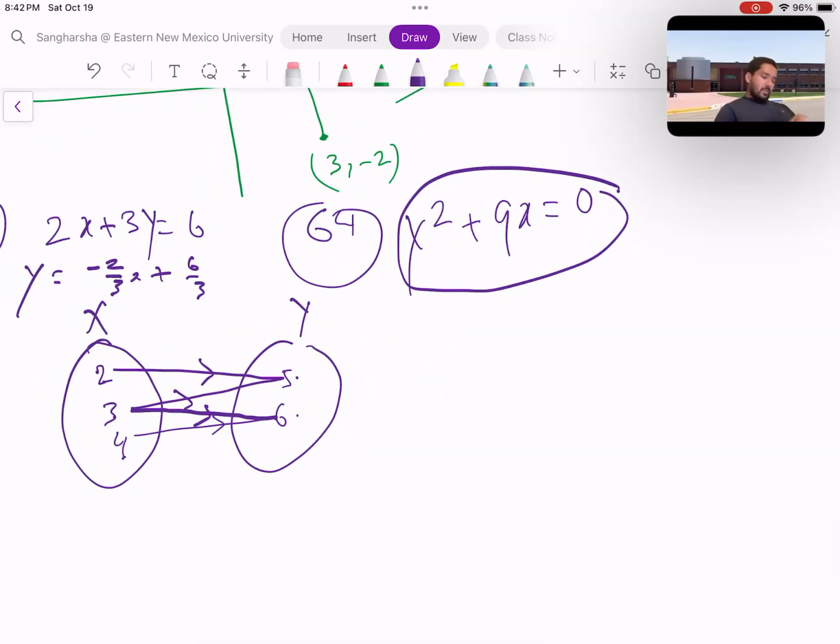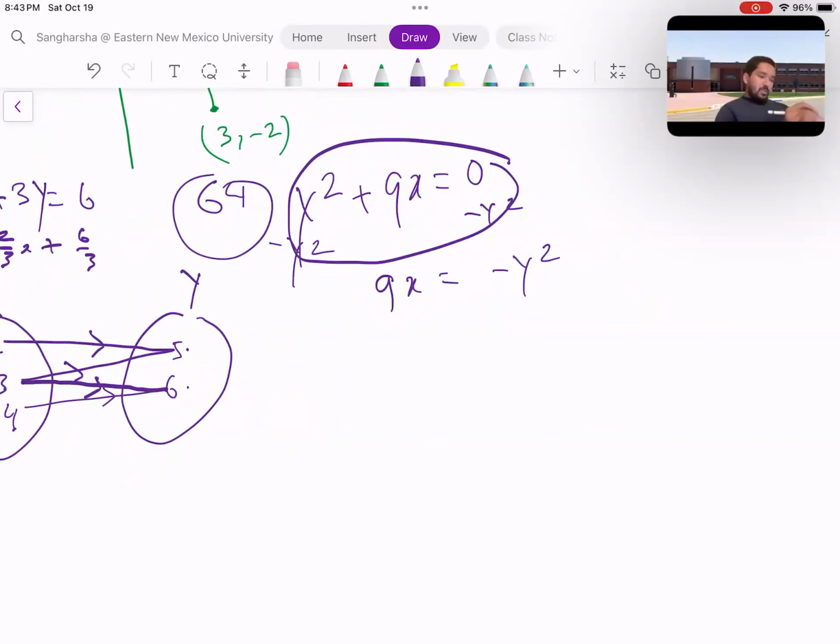Now in this equation, is it possible to have two y values for one x value? I can rewrite this as 9x equals negative y squared, if I subtract y squared on both sides.